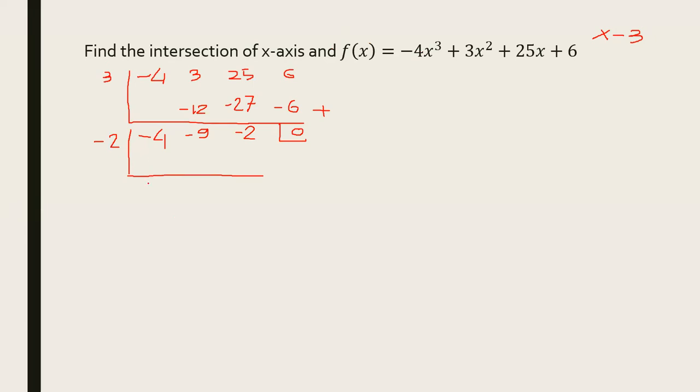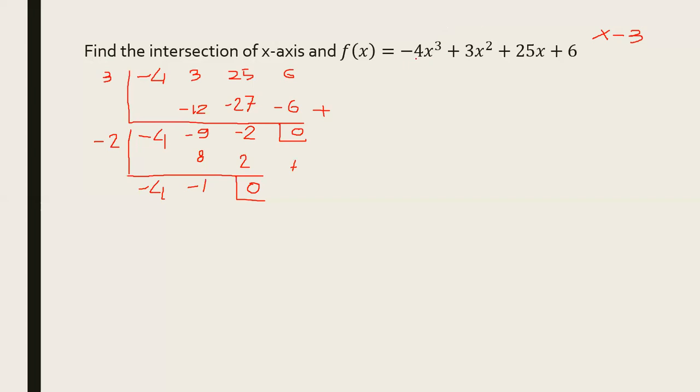If -2, -4 here, a plus here, -2 times -4 is 8, -1, this one is 2, and the remainder is 0. Okay, if the remainder is not 0, it means that number is not a factor of this function. So the remainder must be 0.